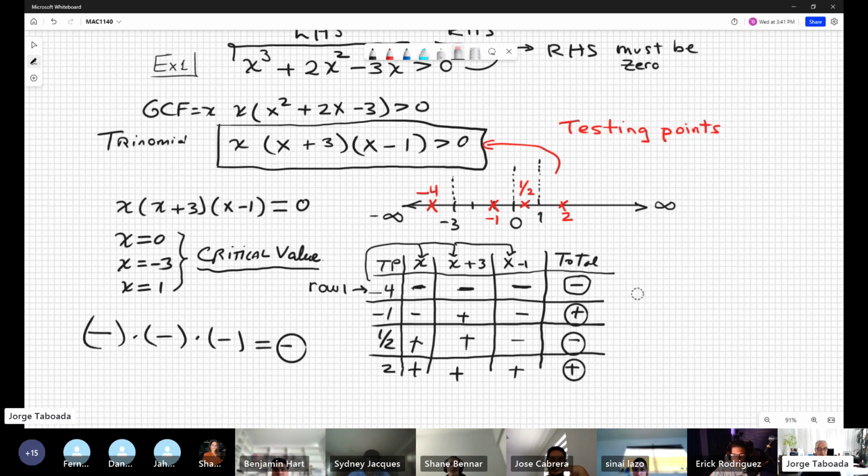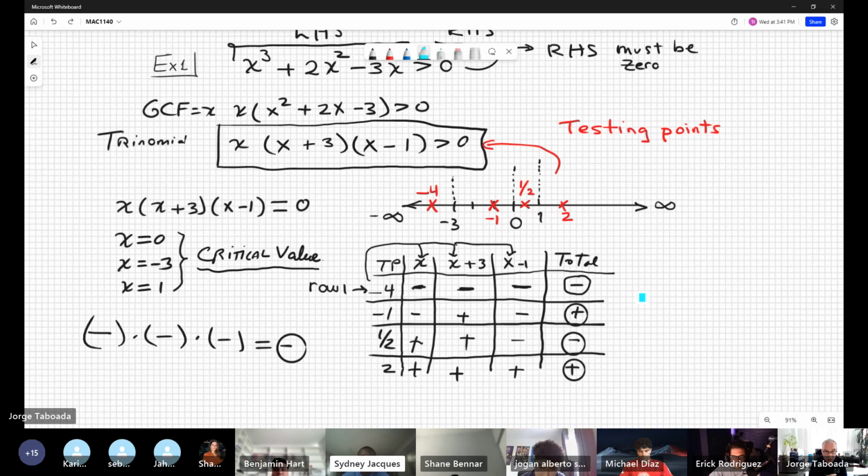At the beginning you have 4 intervals: 1, 2, 3, and 4. I select a totally arbitrary testing point inside each interval. Do you follow me? So you would choose one random point from each section? Yes.